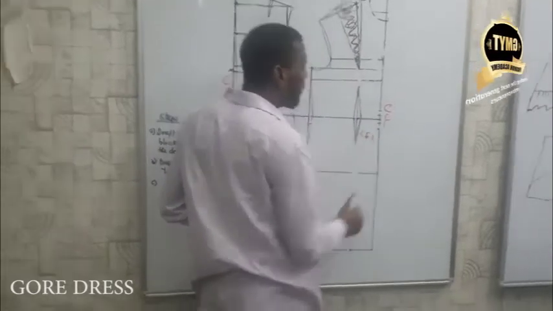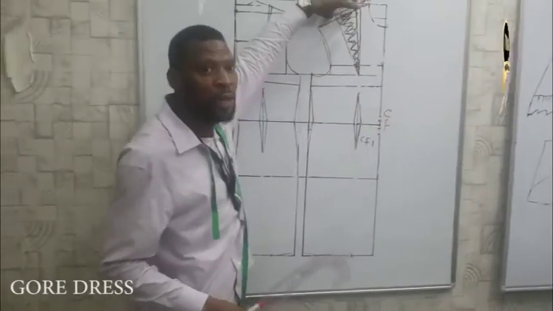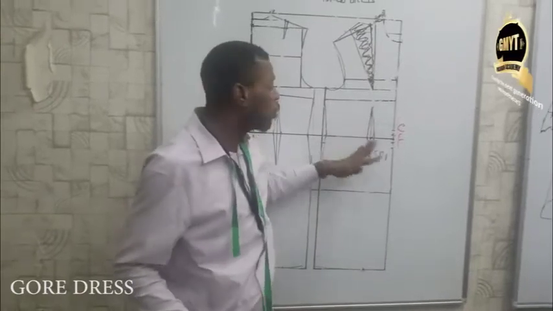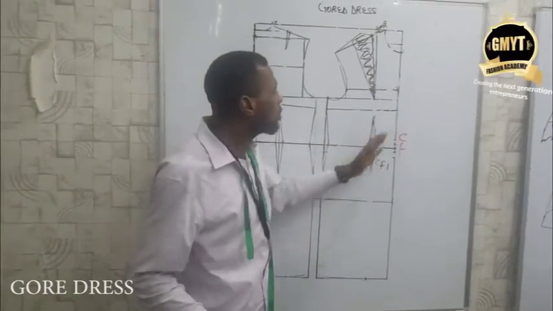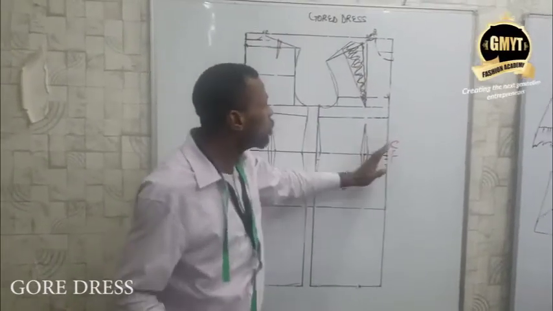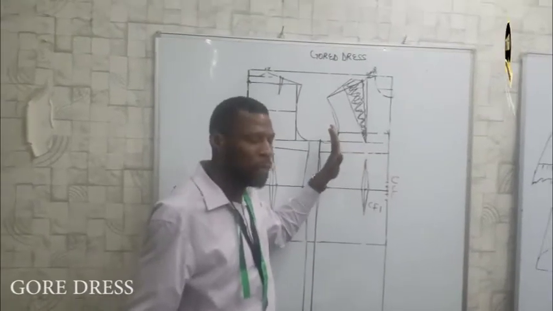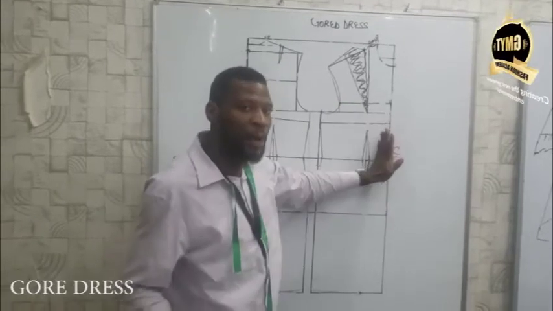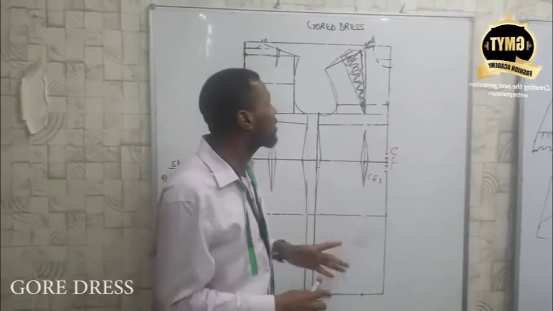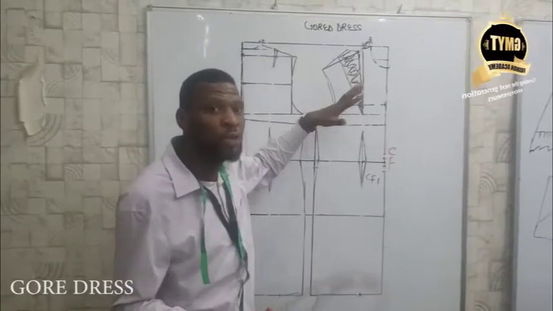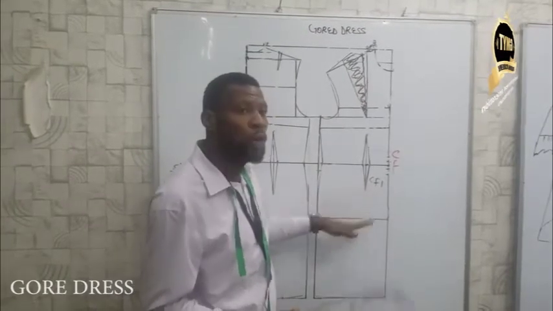You have your normal dart on the shoulder and your normal dart on the waistline. To get a gore dress, you first need to convert the pattern to a panel. Once you get your panel, you can start doing the gore extension, which I'm going to show you as we go on.